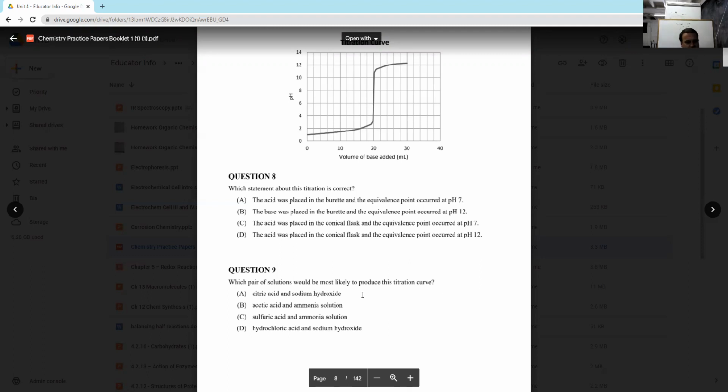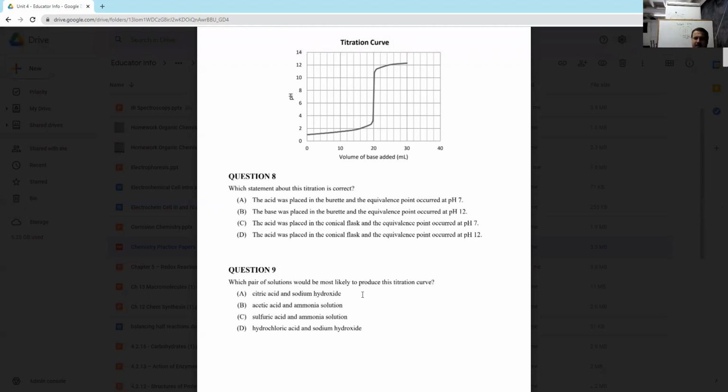Sorry, the question asks actually, which of these would be most likely to produce the titration curve? So citric acid is not a strong acid, but sodium hydroxide is a strong base. When you add a weak acid to a strong base, or a strong base to a weak acid, you get an S curve.